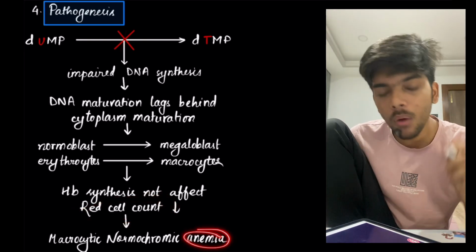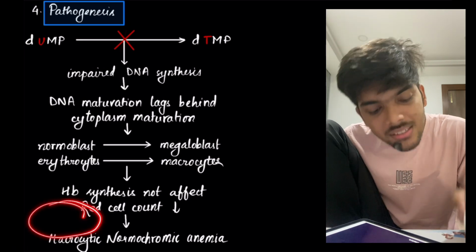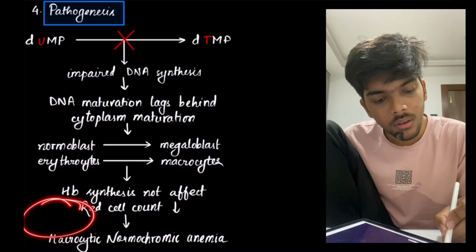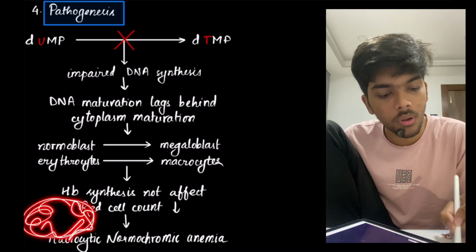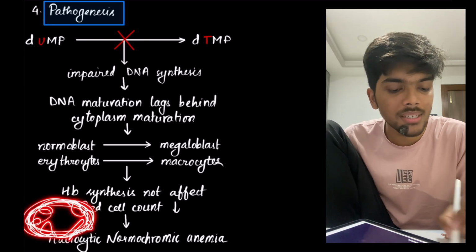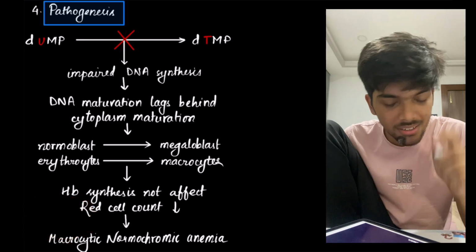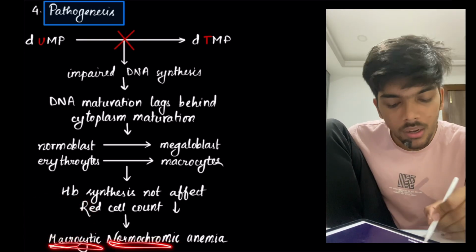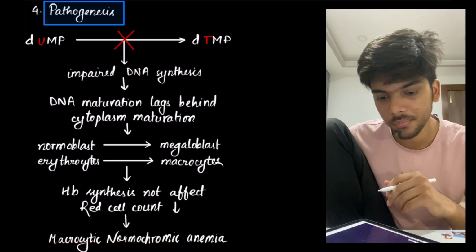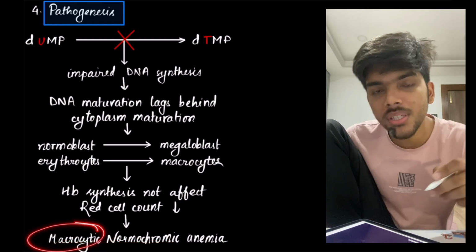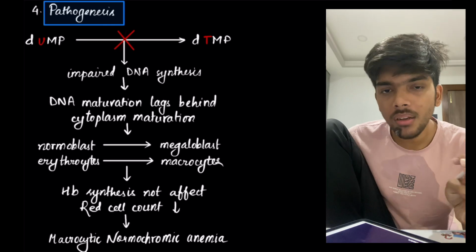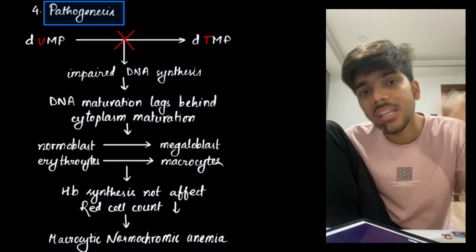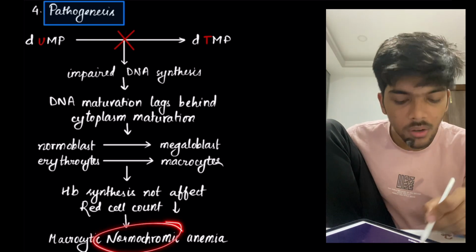Finally, in this anemia, what you get are large RBCs, macrocytic RBCs, with normal hemoglobin concentration inside each individual cell, or normochromic. You get macrocytic, normochromic RBCs. Why macrocytic? Because the mean corpuscular volume of RBC is more than normal, more than 100 femtoliters. Why normochromic?